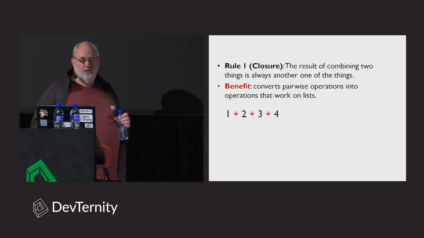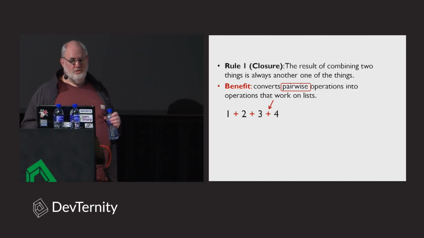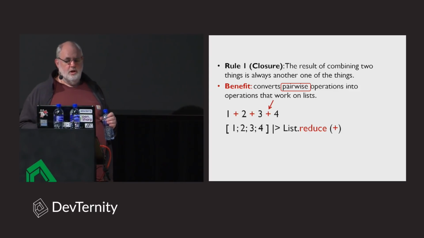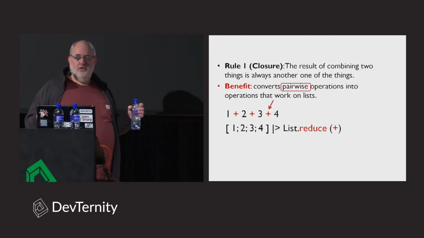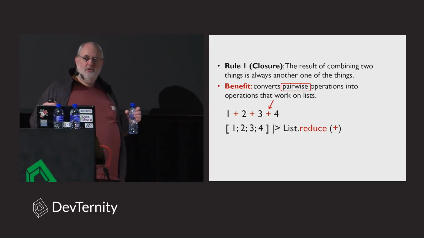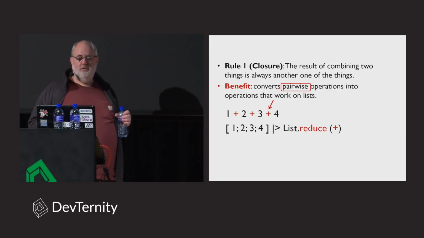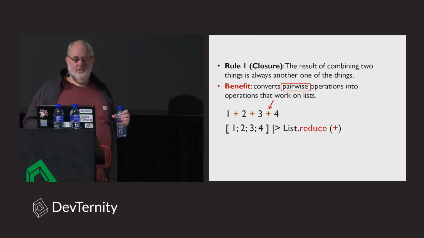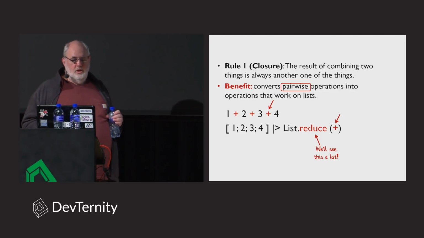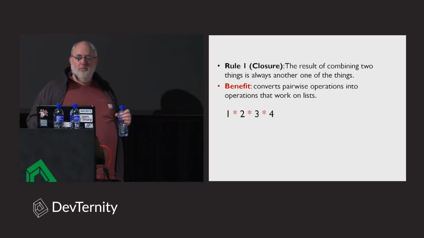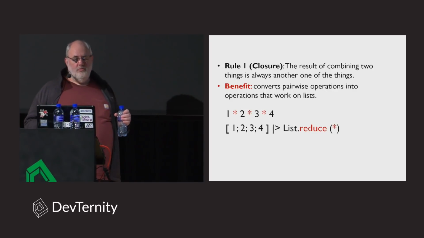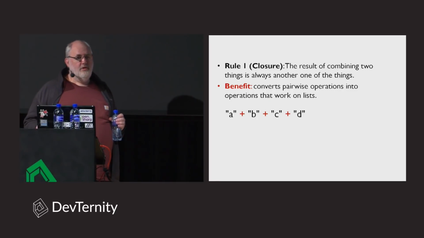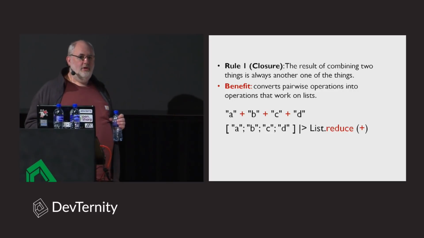There's a function called list.reduce, and that will take the plus operation and apply it to every item in the list. If we have multiplication, 1 times 2 times 3 times 4, we can reduce the whole thing by applying multiplication. We can also reduce a list of strings using string concatenation.